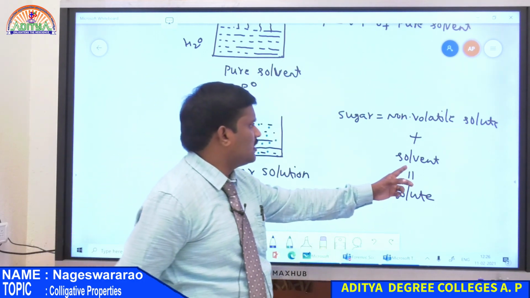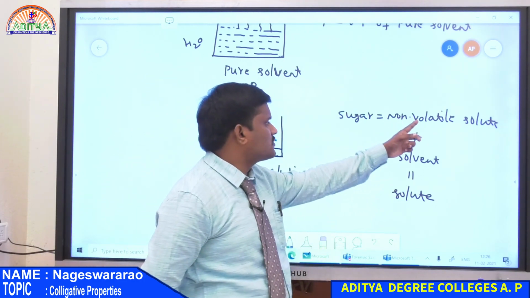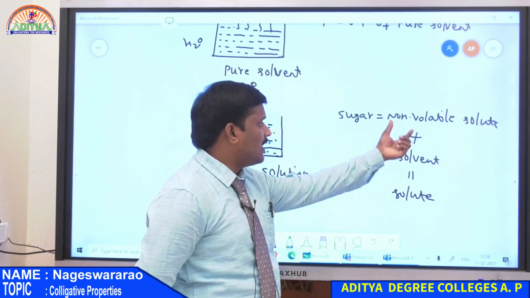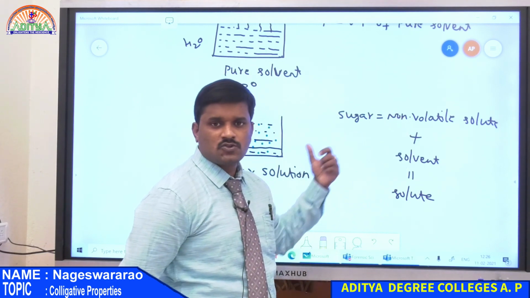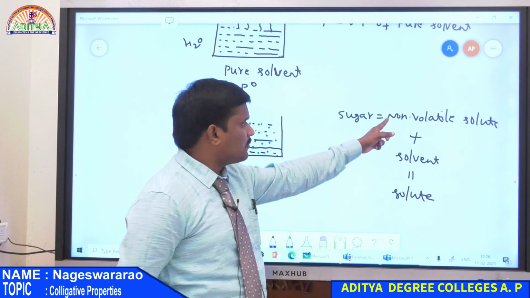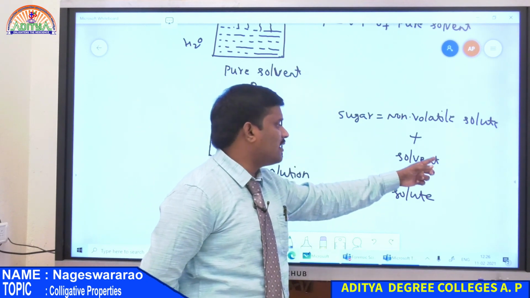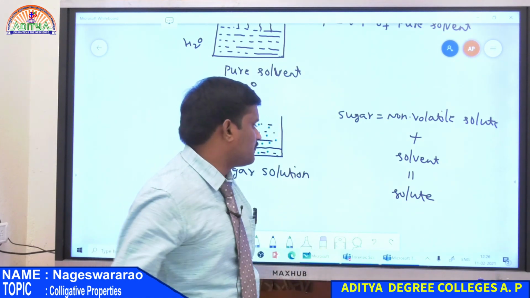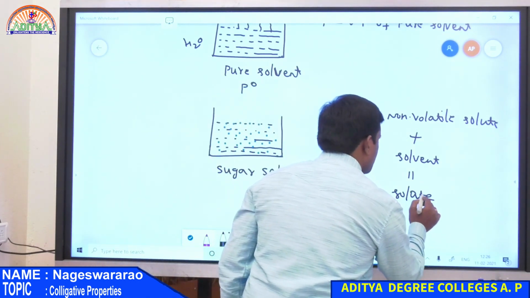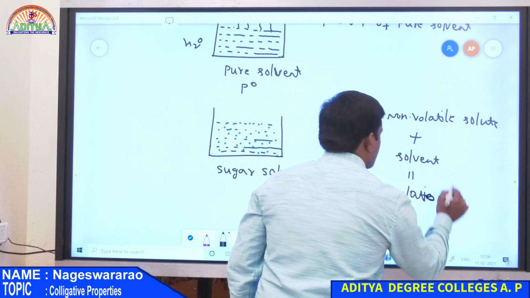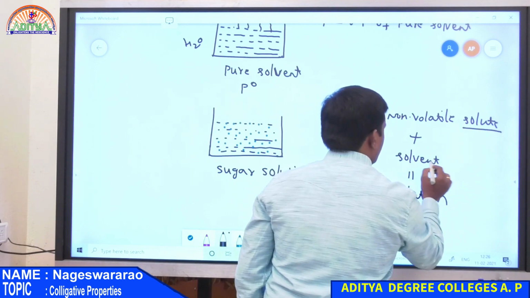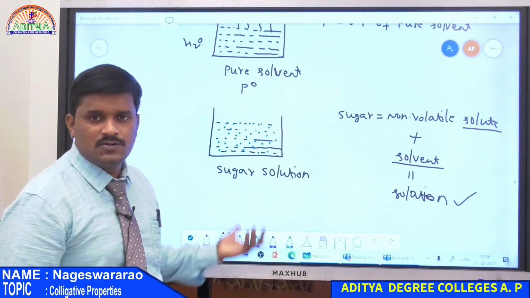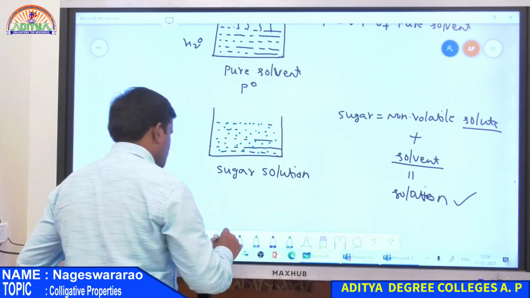So a solution is nothing but a homogeneous mixture of solute as well as solvent. Here the solvent is water and the non-volatile solute is sugar particles. Whenever sugar particles are added to the pure solvent water, it gives a solution. Solute plus solvent gives solution. Therefore, we get a dilute solution. Now look at the dilute solution.